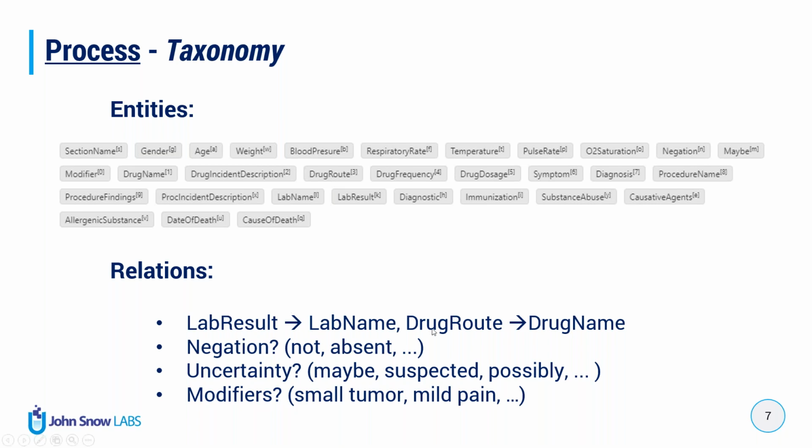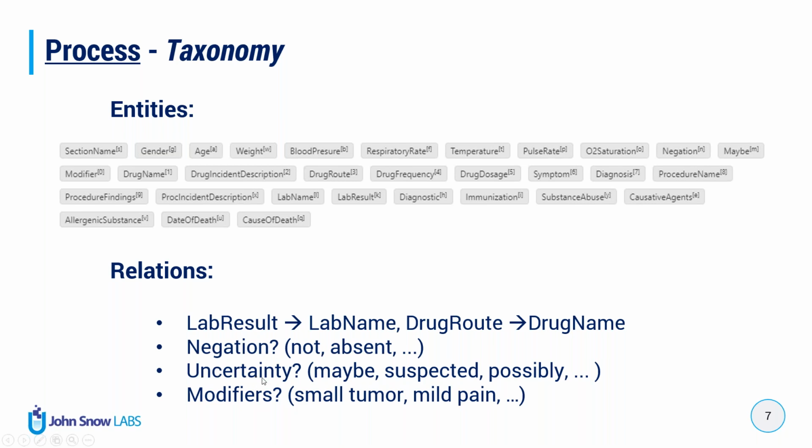Okay, so we define relations, and then we have to decide whether or not we are interested in negation, right? In order to be able to say whether a symptom appears or not. So not just identify the symptom, but also be able to say if it is negated or not.